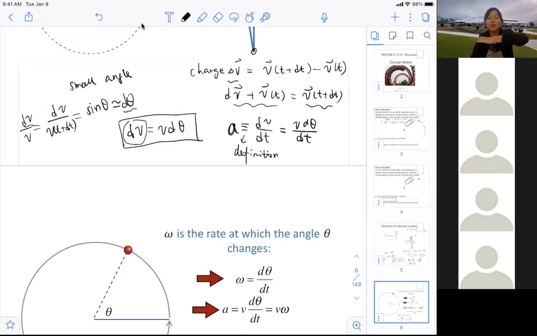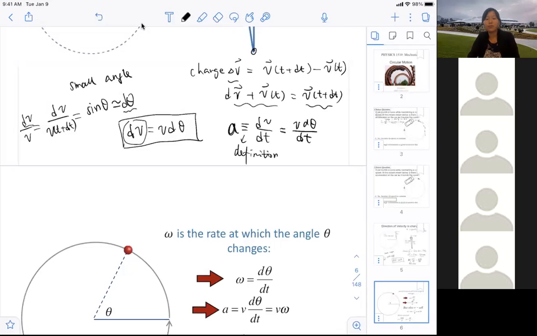So if you are saying, I'm sweeping around 90 degrees per second, that tells you how fast the angle changes, right? So the angle represents how far you are away from your initial position. So 90 degrees per second, or 30 degrees per second, or 180 degrees per second.